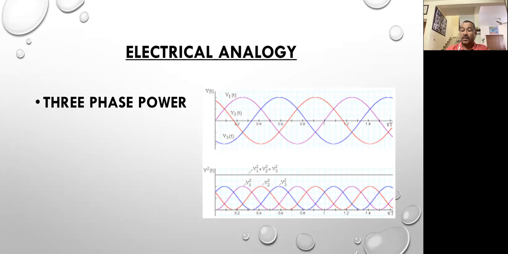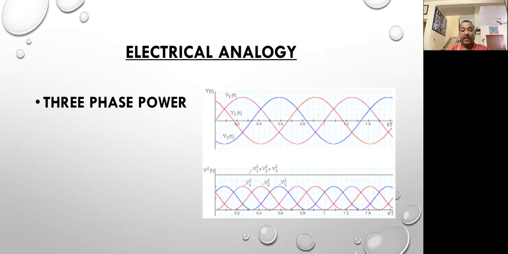If you have a voltage at 0 degrees, at 120 degrees apart you will see another voltage vector. Then again, displaced through 120 degrees, you can see another voltage vector in a three-phase system.